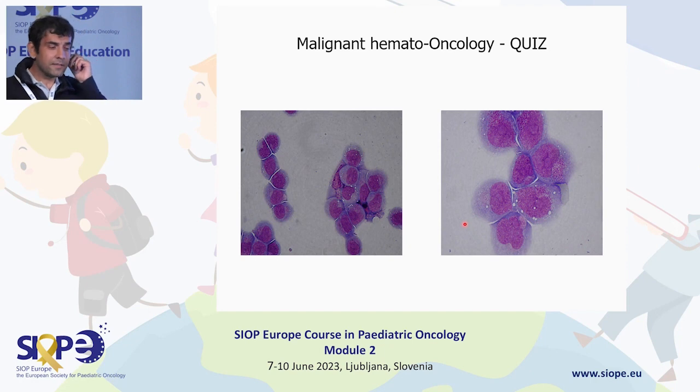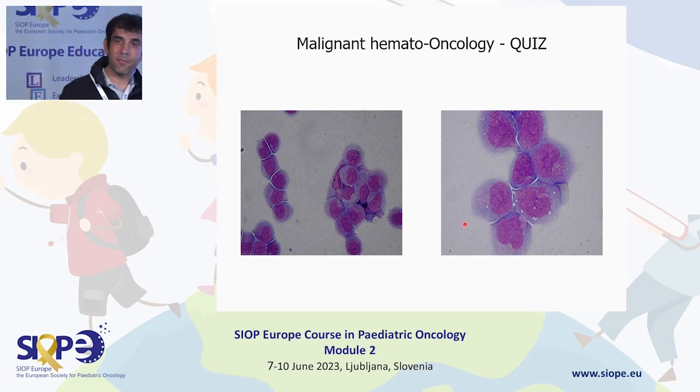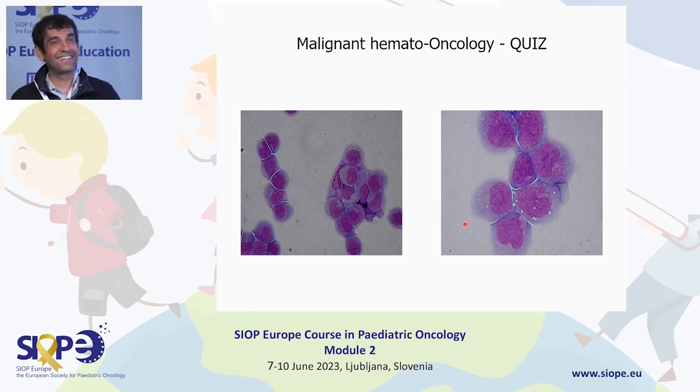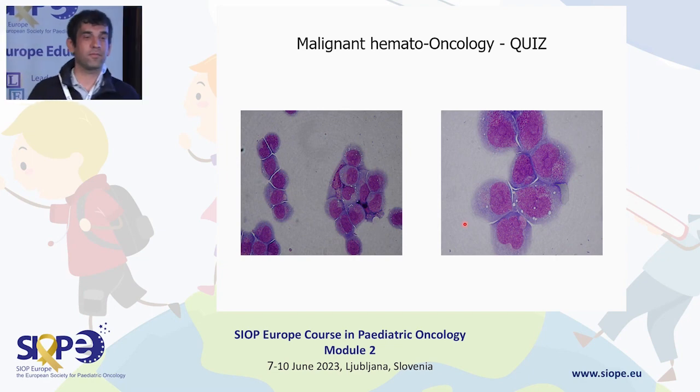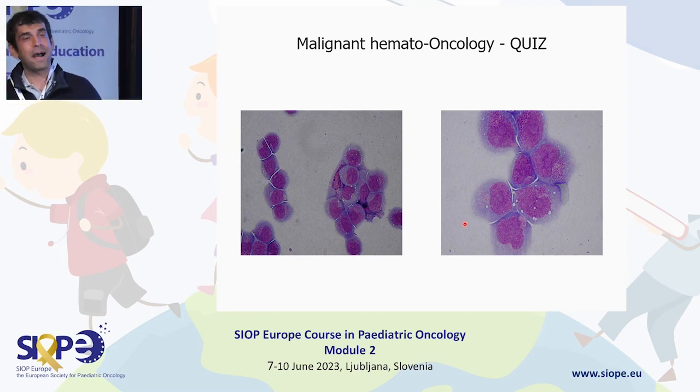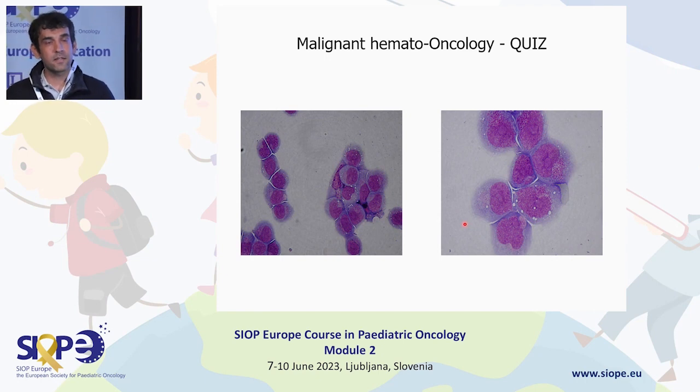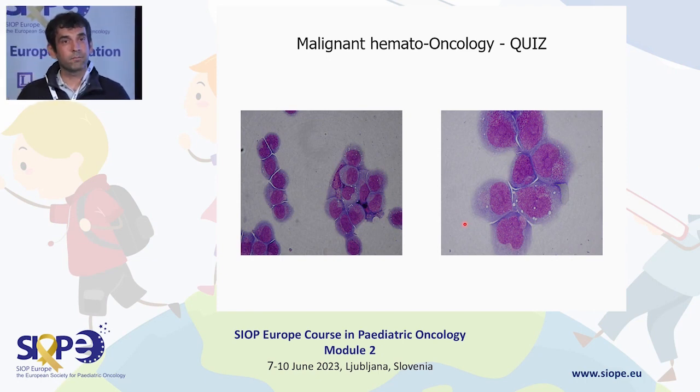Is this a bone marrow or could this be something else? Pardon? CSF, that's correct. Then we have, let's say, a myeloid leukemia, which has a tendency to have extramedullary manifestations.